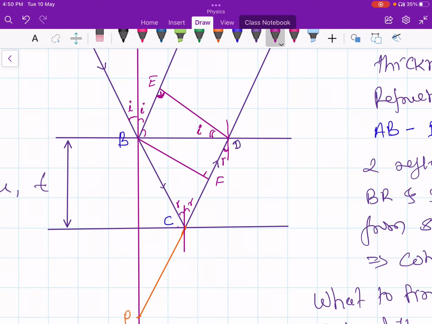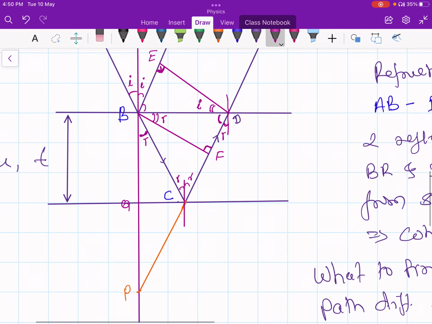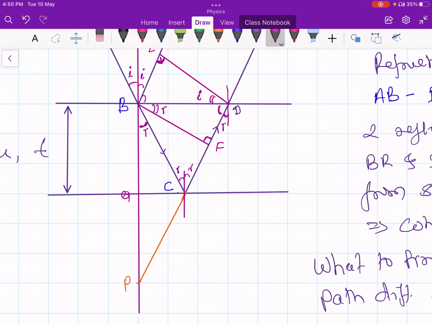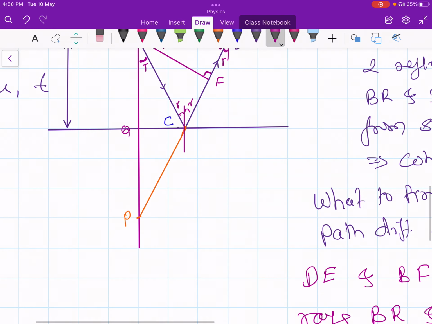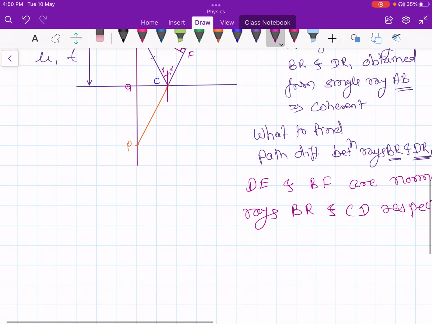Now this angle over here, since BF is the normal, this angle is 90 degrees. And so this one is 90 minus R, and therefore this angle is R, the angle of refraction. Now in this case, this BQ equals T, the thickness of the film.